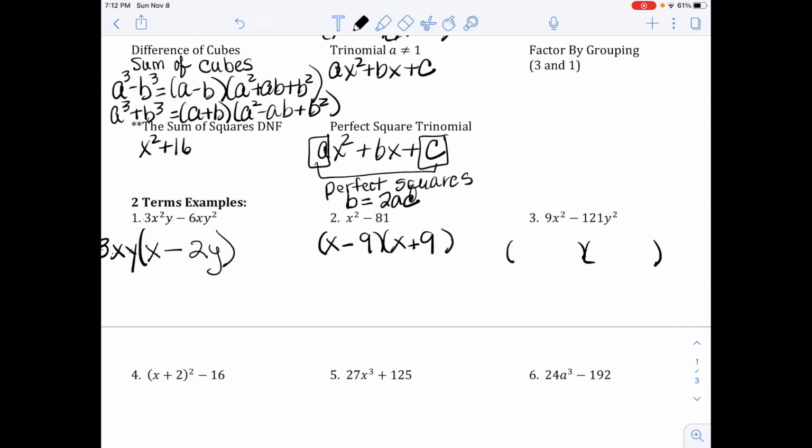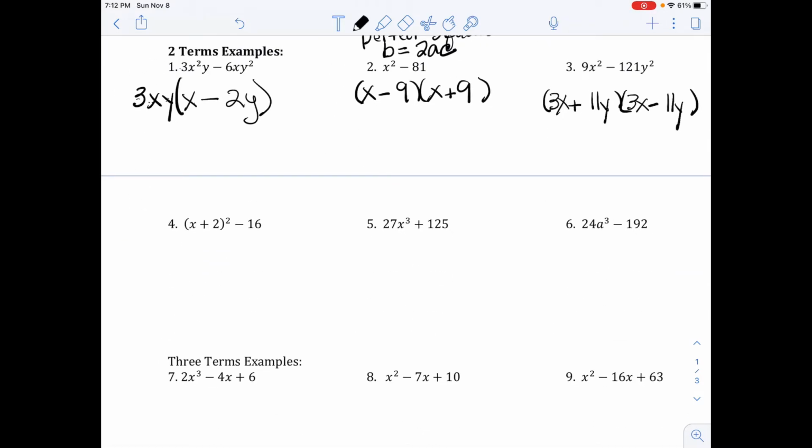So we will square root 9x squared. That will give us 3x. So we will square root 9, that gives us 3. We will square root x squared, that gives us x. We're going to square root 121, that gives us 11, and square root y squared, that gives us y. And again, 1 subtraction and 1 adding, and the order doesn't matter.